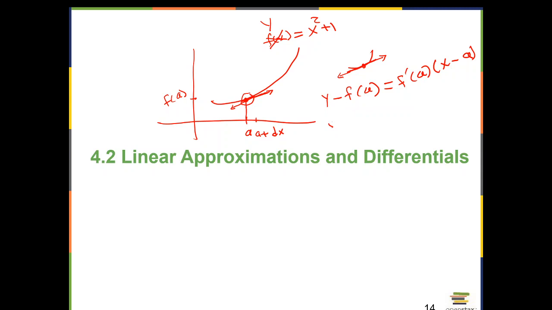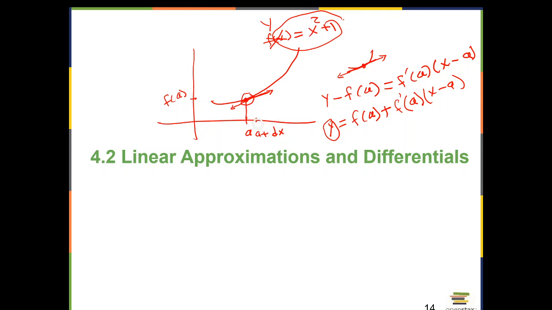This y equals to, if you move the f of a to the other side, would be just f of a plus f prime of a times x minus a. So this is the tangent line equation, and this is the function equation.